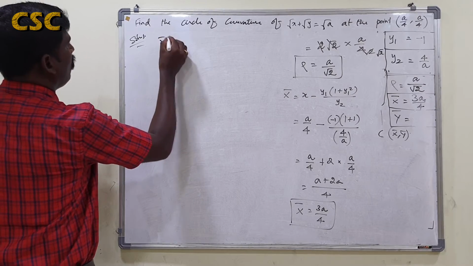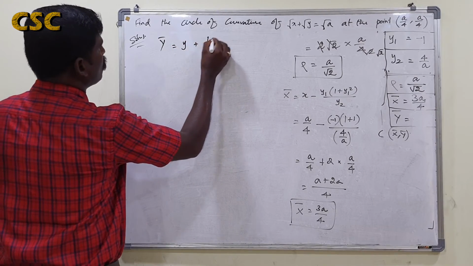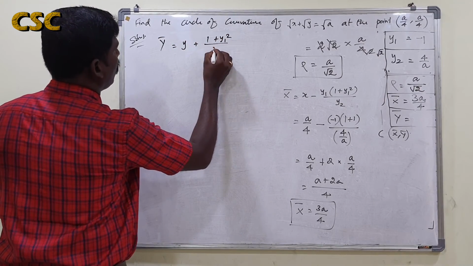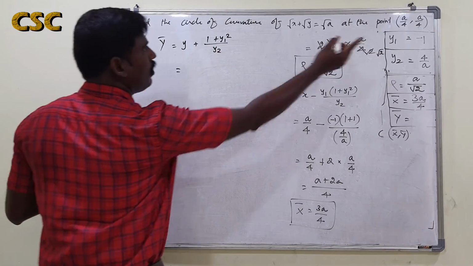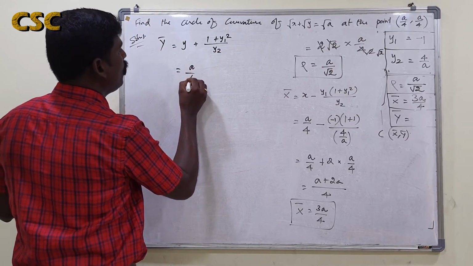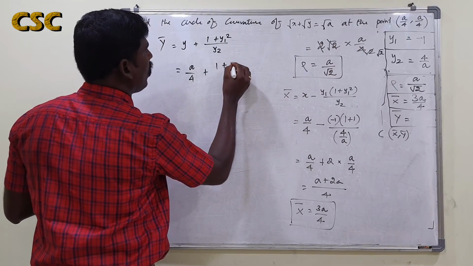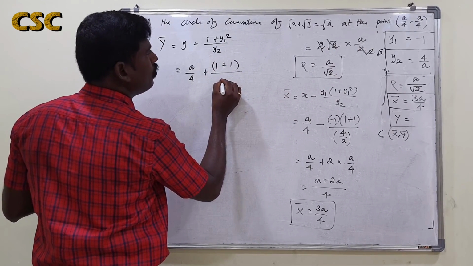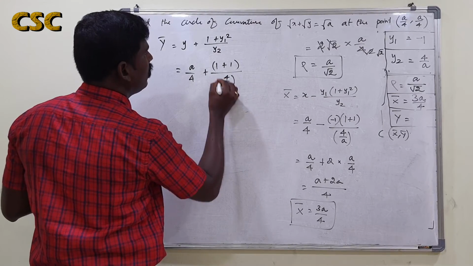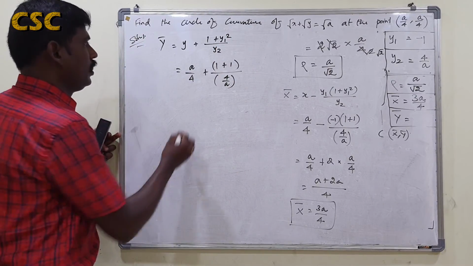And then y bar. What is y bar? y plus 1 plus y1 square by y2. So what is the value of y at the point? a by 4 plus 1 plus y1 square by y2, y1 is minus 1, and y2 is 4 by a. Isn't it? Square of y1 is plus 1.